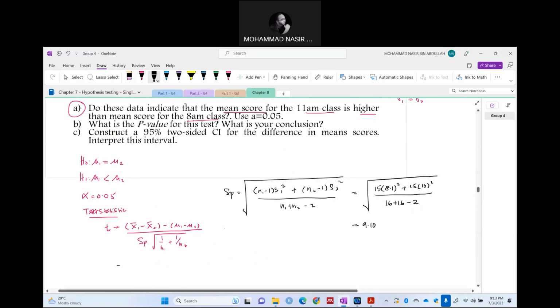Then you plug the values into the formula. X bar 1 is equal to 73.2 minus 78.1 minus 0. How do we get 0? So mu1 minus mu2 equal to 0, since mu1 minus mu2 is less than 0. So divide by 9.1 multiplied by the square root of 1 over 16 plus 1 over 16. So this should be negative 1.52.